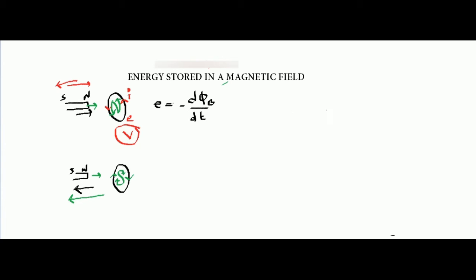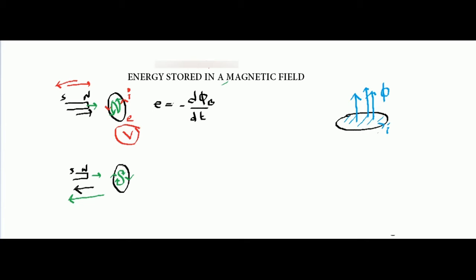On the other hand, if you already have a circular wire, and a current I flows in it, then the magnetic flux linked is phi. The circular wire will produce a magnetic field, and if I multiply that magnetic field with this area, then there is a magnetic flux linked with this current carrying wire.